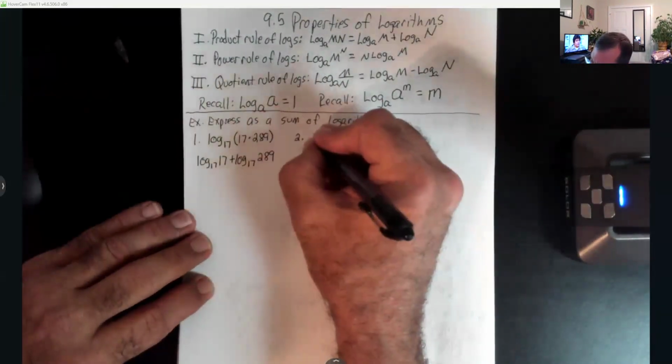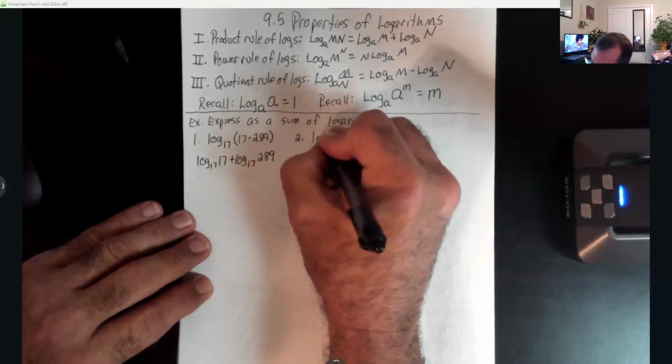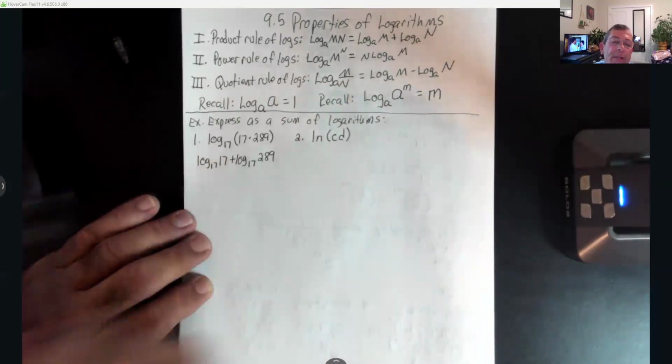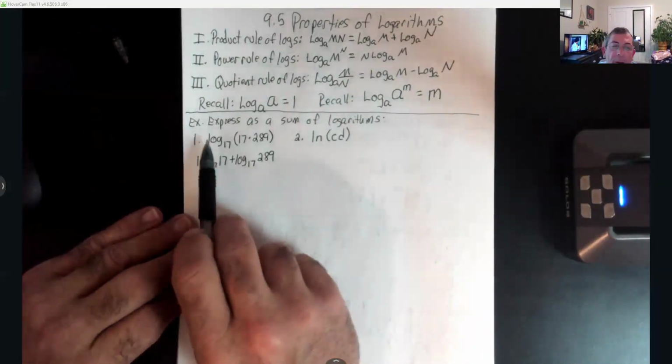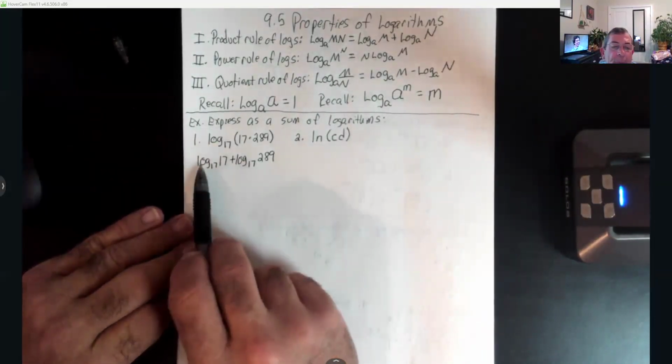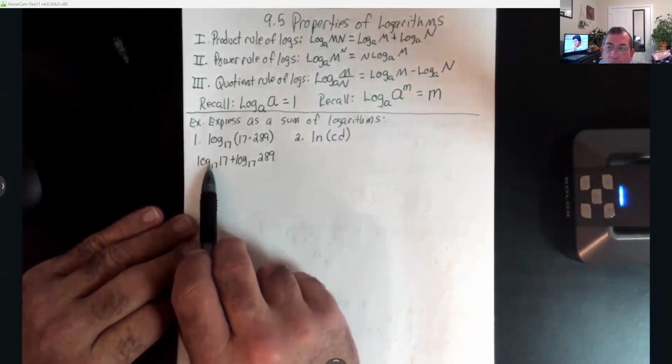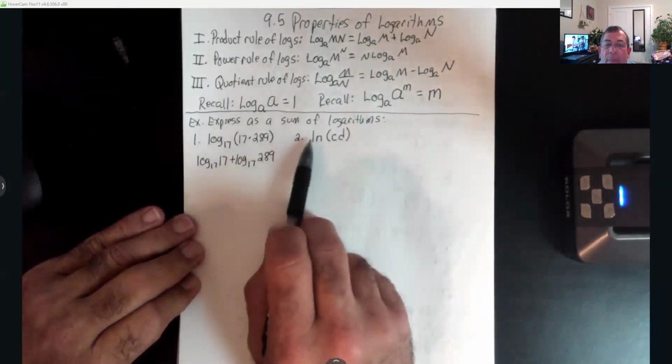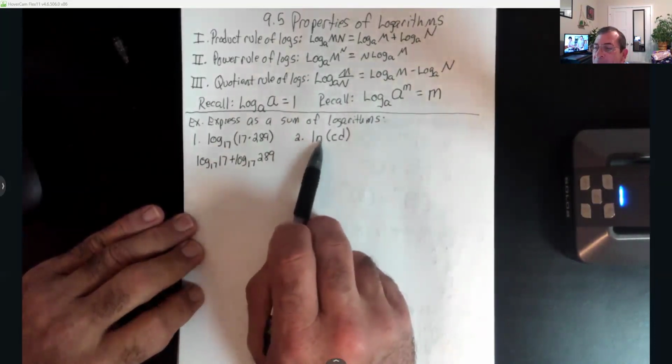So number 2, they did this: ln of C times D. Now, let me say one thing on this. When you're writing answers in, this is log. When you write it correctly, it'll make it dark and bold. This is the ln.